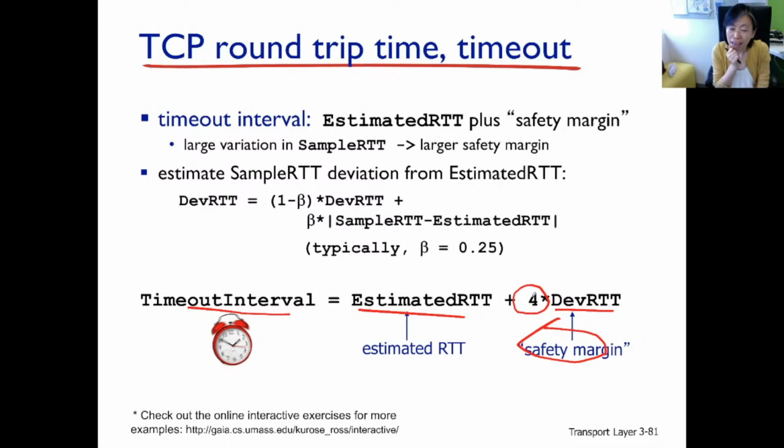So by adding 4 standard deviations here, the timeout interval is covering more than 99.99 something percent of these sample RTTs. That is also saying, setting the timeout interval this way, there are going to be very few premature timeouts in TCP.